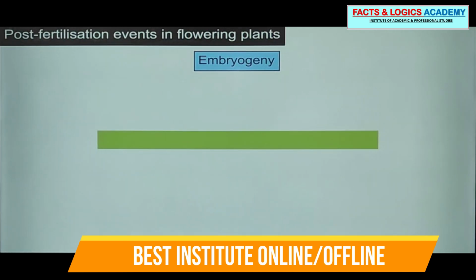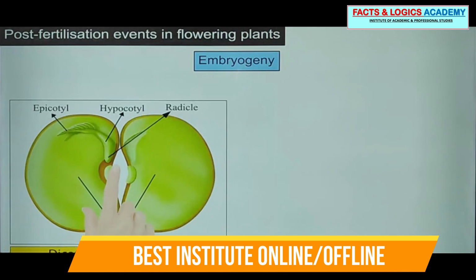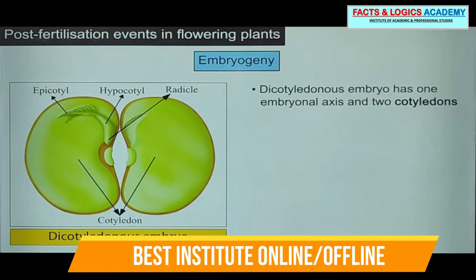There are some characteristic features of a dicotyledonous and monocotyledonous embryo. In a dicotyledonous embryo, there is one embryonal axis and two cotyledons.